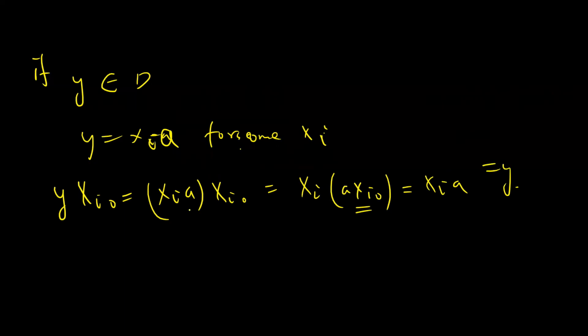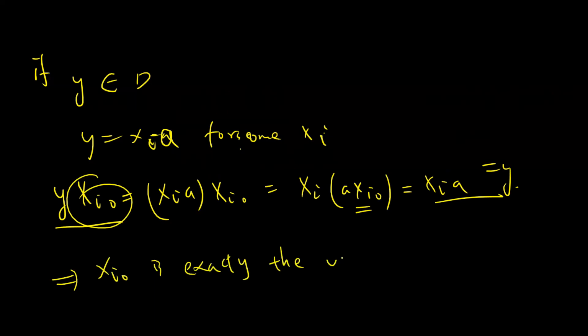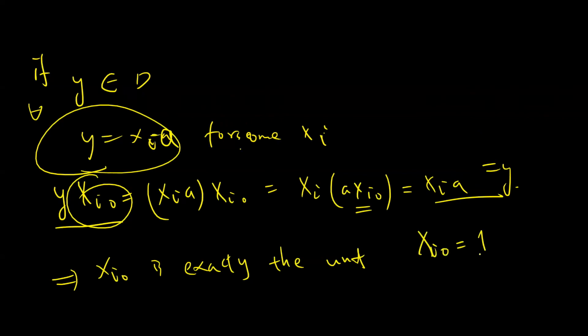So from here your xi0 will be exactly the same. This proves that xi0 is exactly the unit, because for every y, for any y, it must be the same, not just for a. So now let's let xi0 be 1. Okay, so I just call it 1.